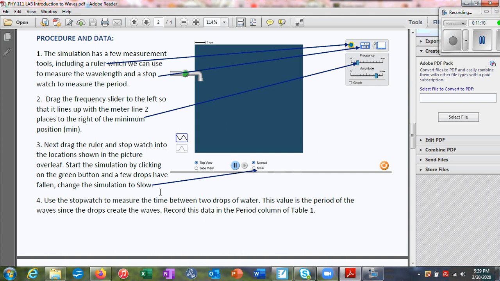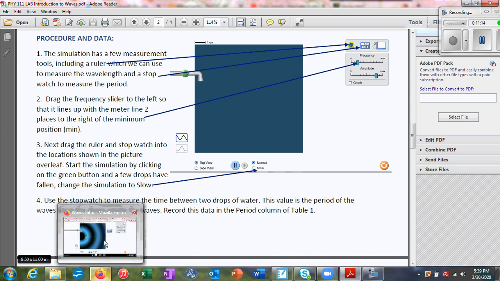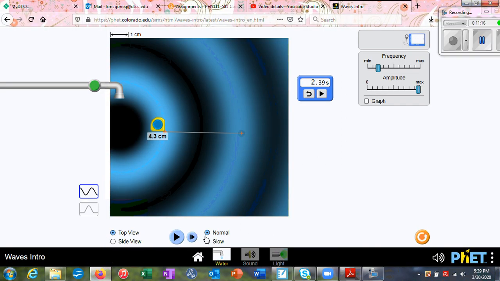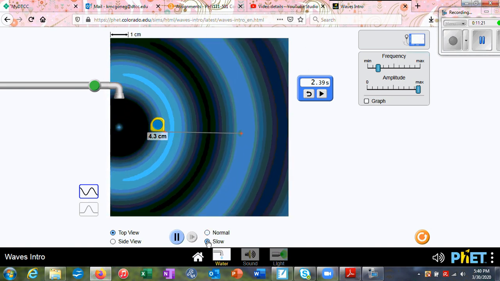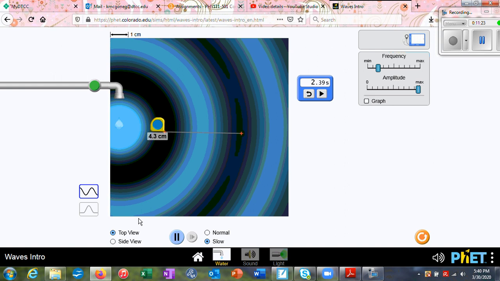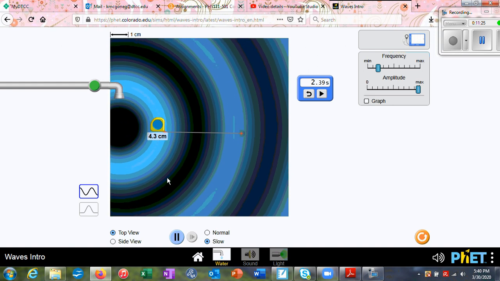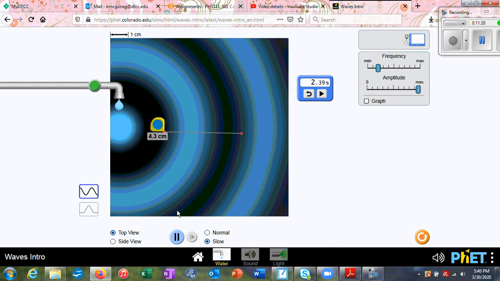Change the simulation to slow when you do this. So that will look like this. Right now it's on normal. We're not doing that. There we go. Change it to slow. But to go ahead and measure that wavelength, you're going to have to hit pause.